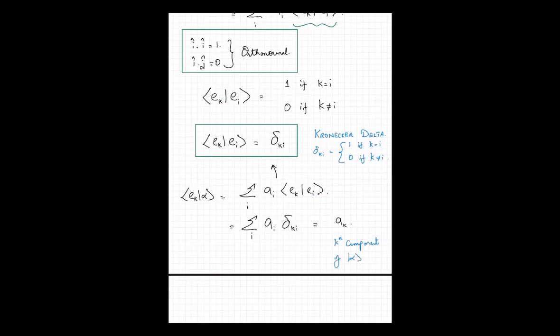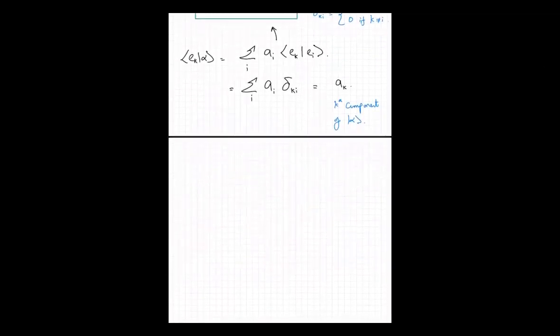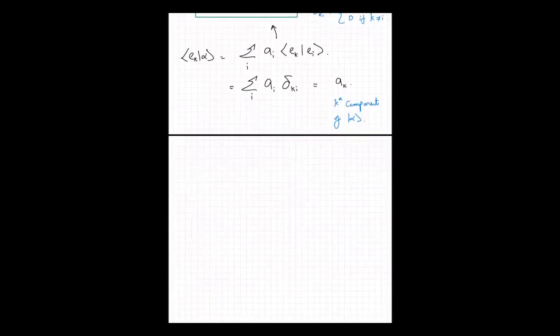In other words, it's the amount of alpha lying in the direction ek. So it is very important that our basis vectors be orthonormal. Orthonormal means they're all mutually orthogonal and they're all normalized to unit length. Okay. So there are some very simple properties of these inner products that you have to find.